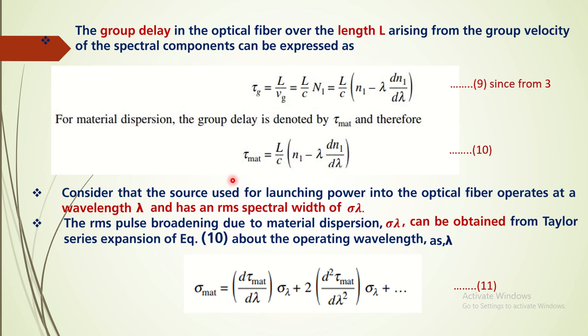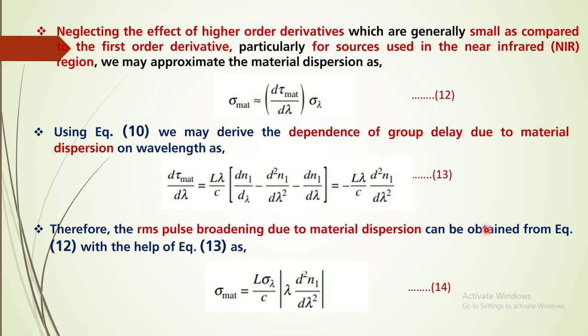Expanding equation 10, sigma mat is equal to d tau mat divided by d lambda into sigma lambda plus 2 into d square tau mat divided by d lambda square into sigma lambda, plus etc. You can continue with the Taylor series expansion.